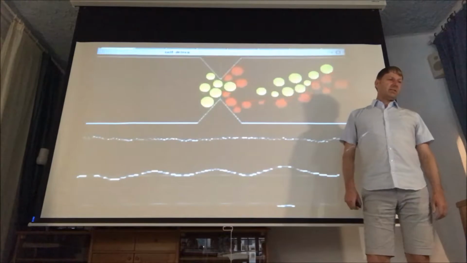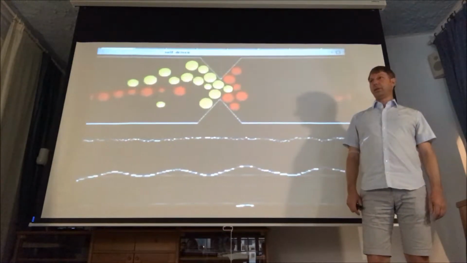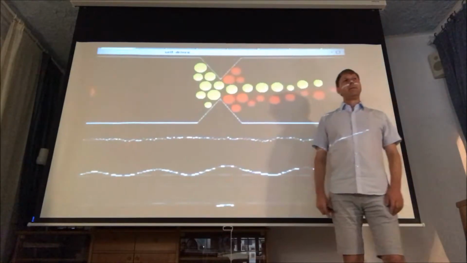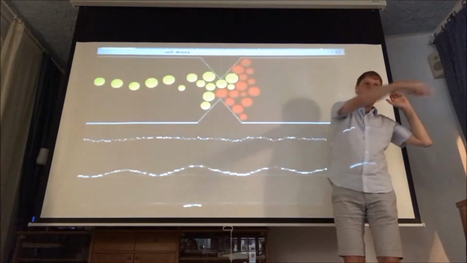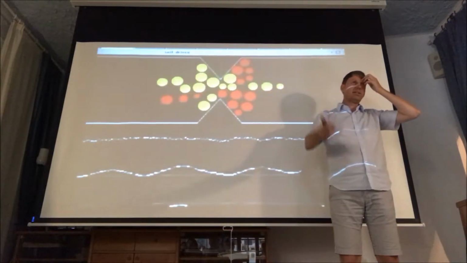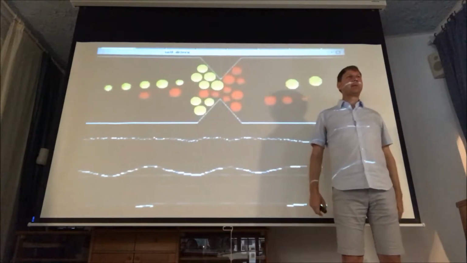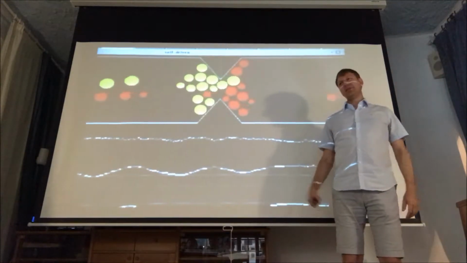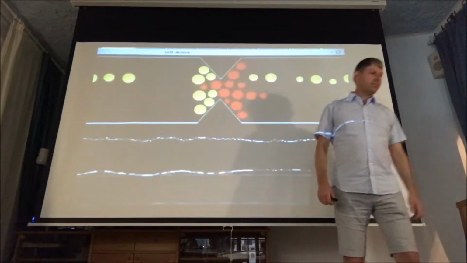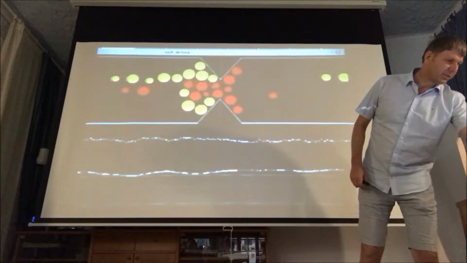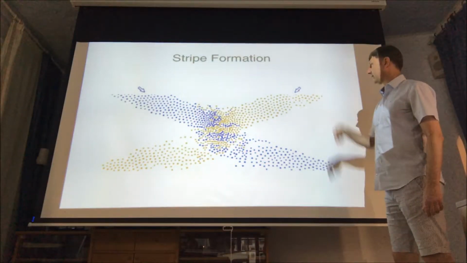And one phenomenon that excites me even more than this is stripe formation. This is a situation where people try to walk through a stream of pedestrians. They have to cross it, and the stream of pedestrians is like a wall almost. And how could you cross that flow without stopping? If you would have to come up with a solution, it would probably take quite some time, but this is what happens.